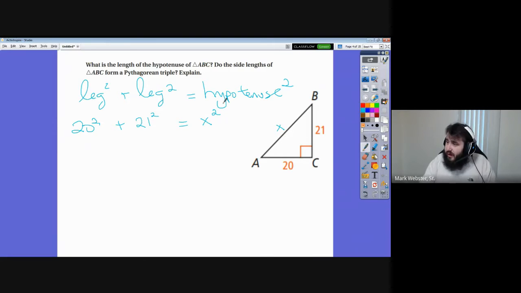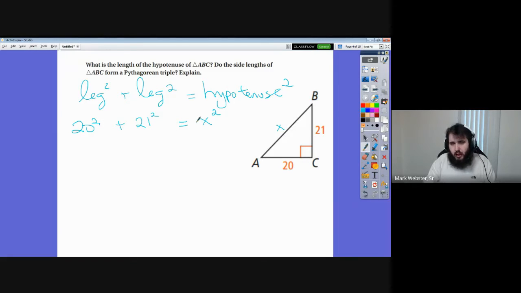So one thing I want to point out, and knowing this will make or break you. If you're the type of person that always puts x here, you're going to get screwed. x represents the missing piece. So if it's a leg, it's got to go over with the legs. If it's the hypotenuse, it's got to go with the hypotenuse.